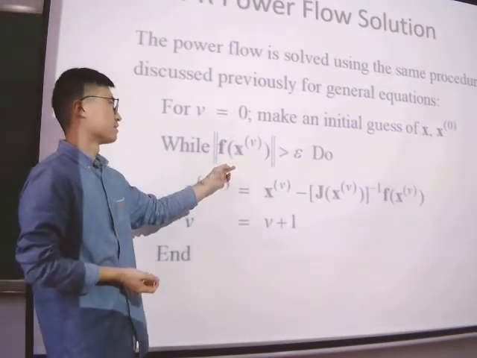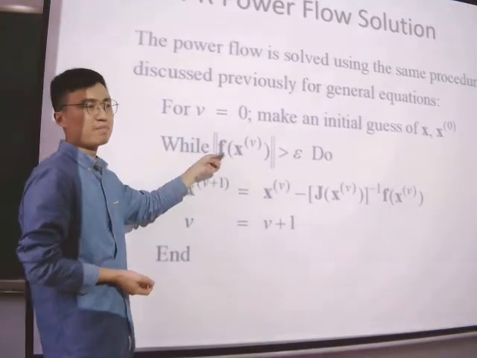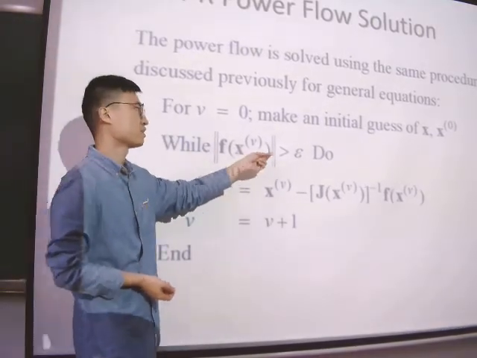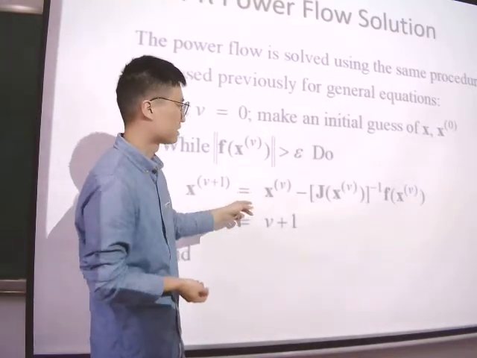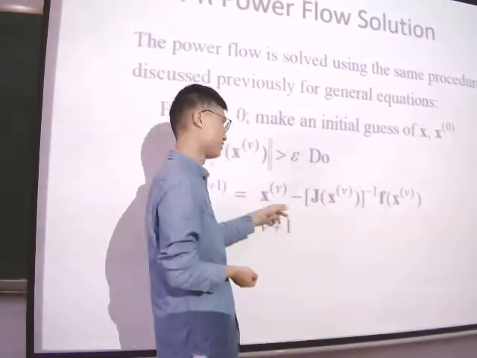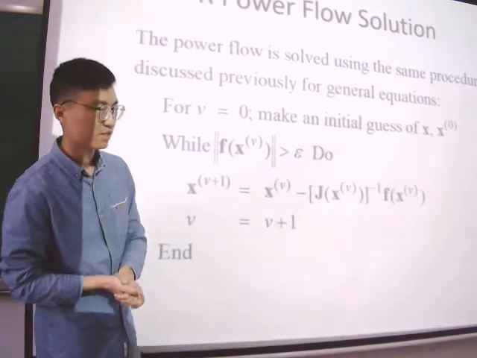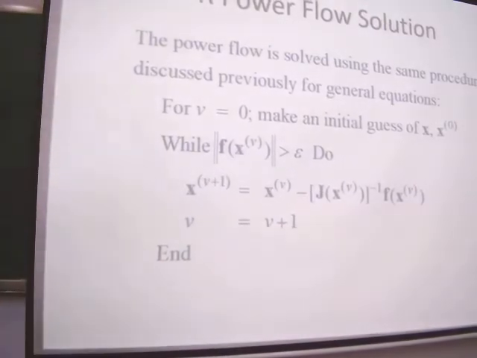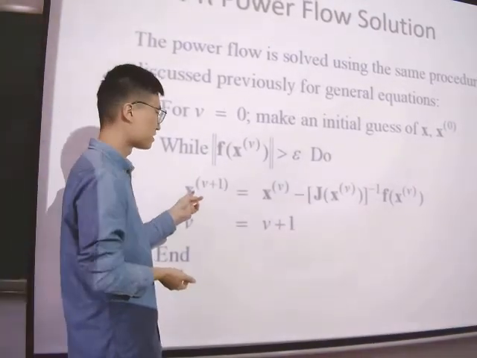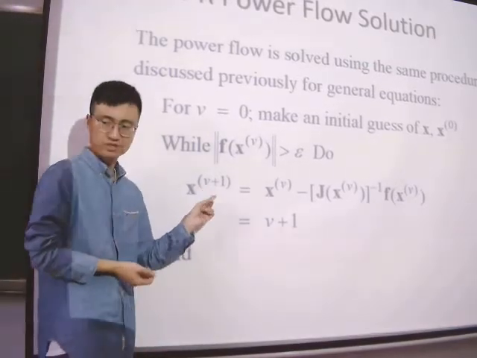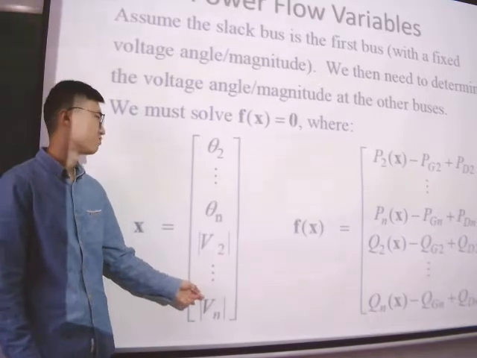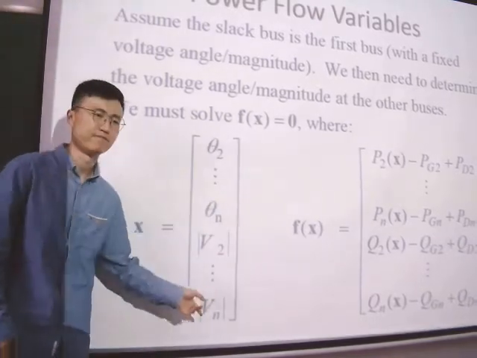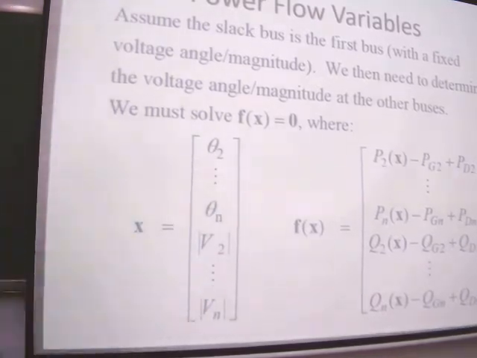As long as f(x), this power balance equation, does not yet meet the solve criteria, we use this iteration equation to update the x value. The x value is the target value from which we calculate back the angle and the magnitude.